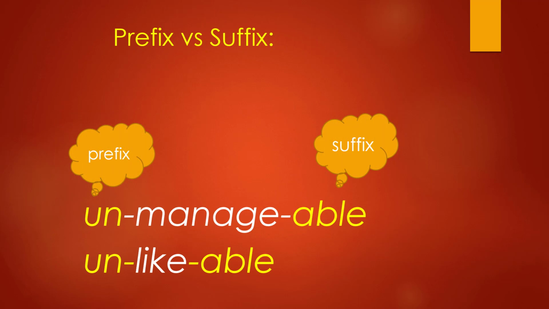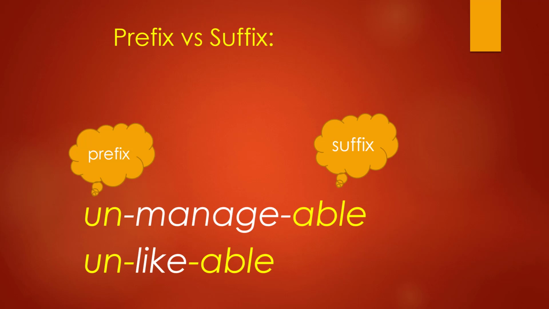In order to learn adjective formation from nouns, you must be well aware of the concept of prefix and suffix. In English language, we have some base words like manage and like. If we add some alphabets before a base word, it is called prefix. For example, I added un before manage and like.